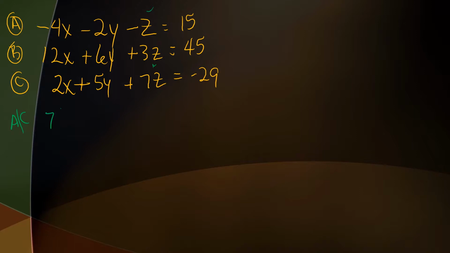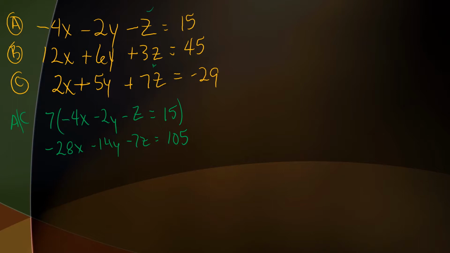So I've got 7 times negative 4x minus 2y minus z equals 15. We're multiplying that by 7. That's going to give me negative 28x minus 14y minus 7z, and 7 times 15 is 105.